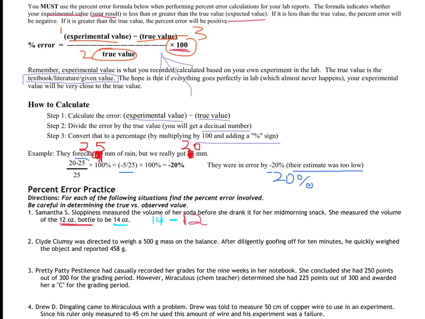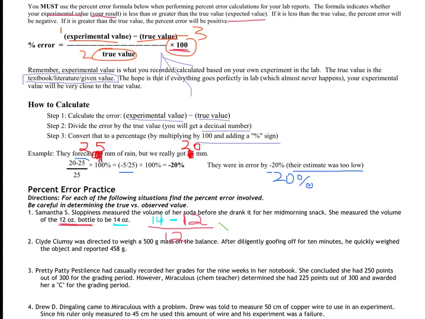So then we go to step 2. Divide the error by the true value. You will get a decimal number. So divide my error, 14 minus 12, by my true value, which is still 12 ounces. Then we go to step 3. Convert to a percentage by multiplying by 100 and adding a percent sign.